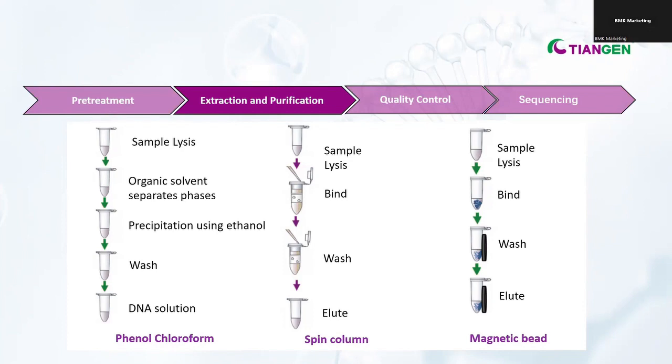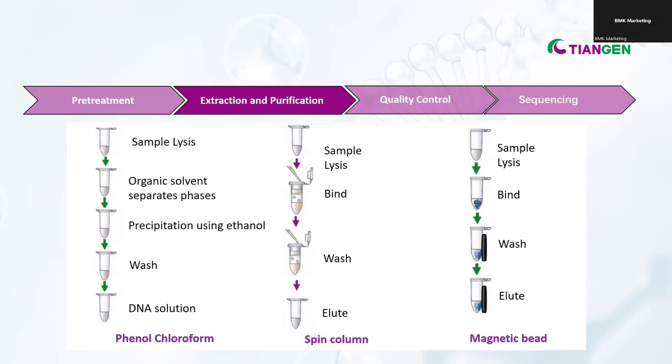And recently, magnetic bead-based methods are more and more adopted by researchers. Because this method also employs an easy bind, wash, elute process, the DNA and RNA bind to paramagnetic beads added to the sample instead of the silica column. Magnetic beads are conjugated with ligands that specifically bind nucleic acids like DNA and RNA.